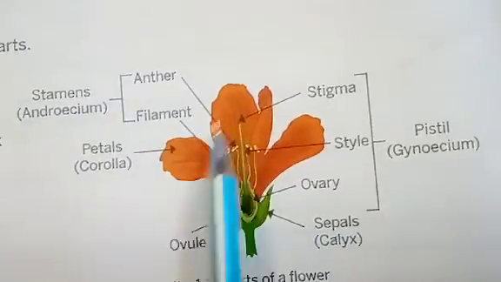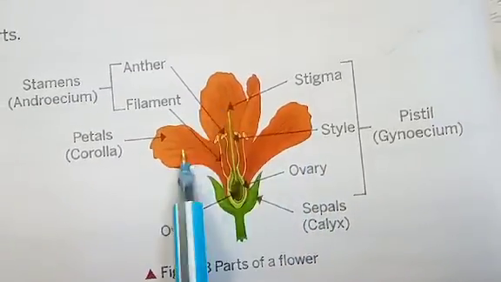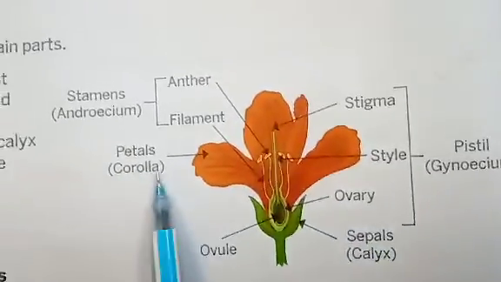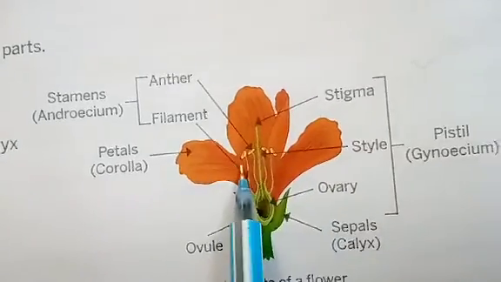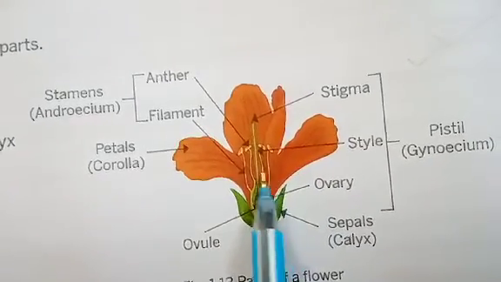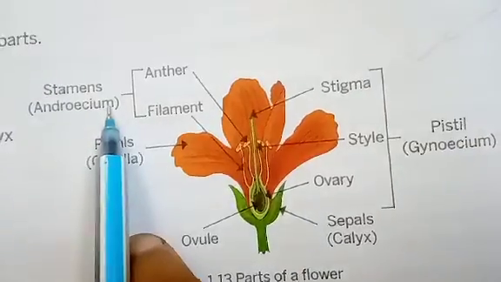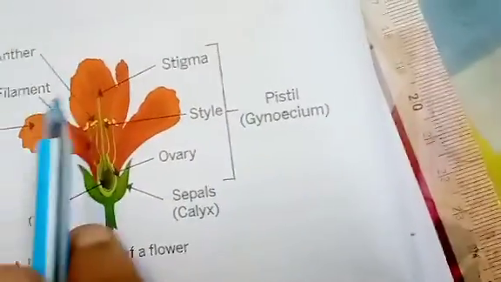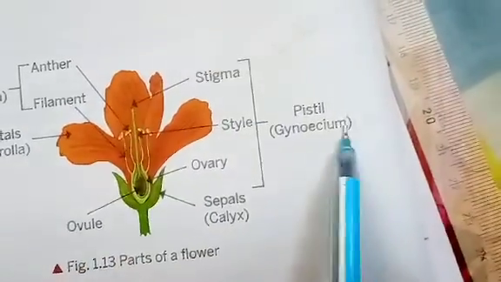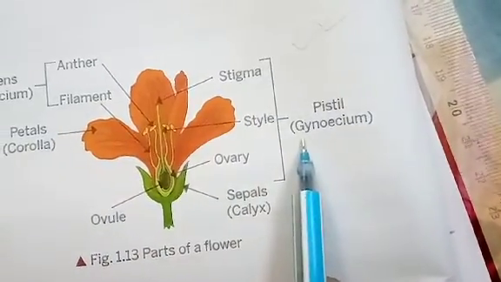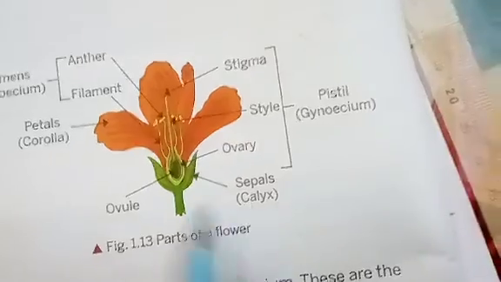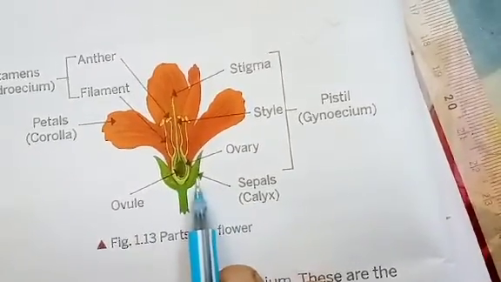Like that, these all individuals are called petals. Collectively it is called corolla. Individual, this each one is called stamen. Okay, collectively it is called androecium. Individually this is called pistil. Collectively it is gynoecium.